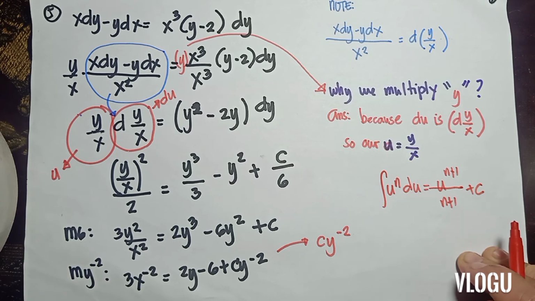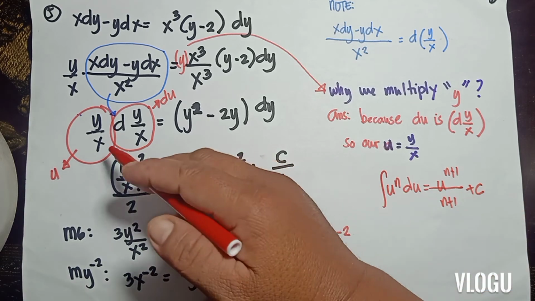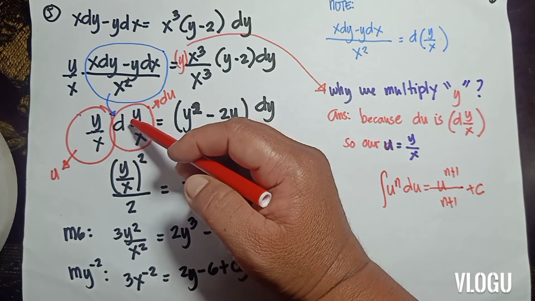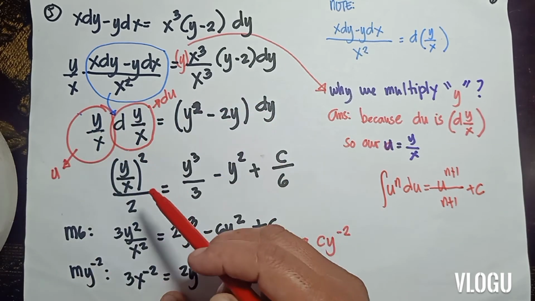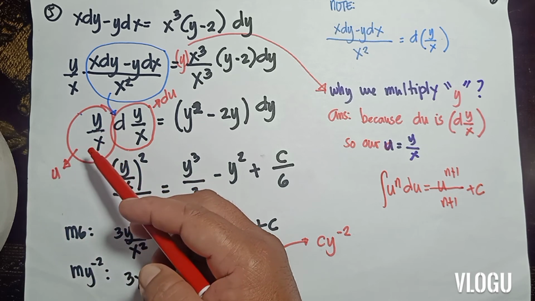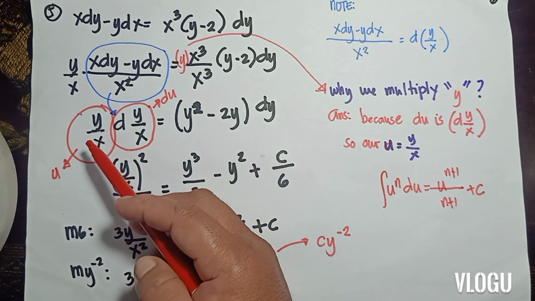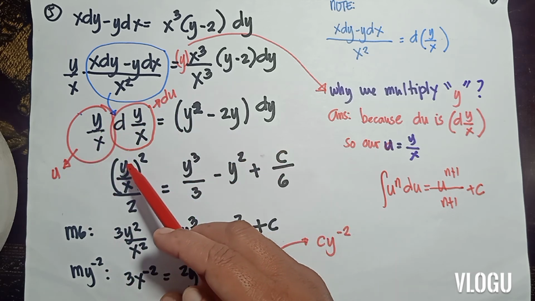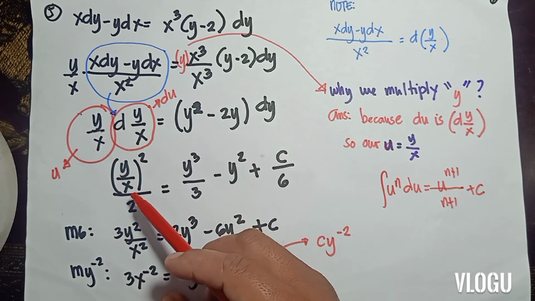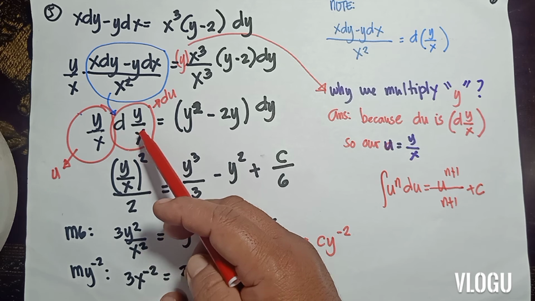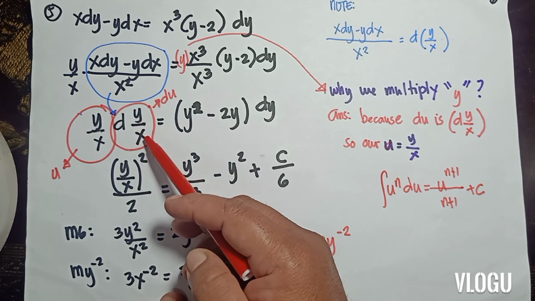Okay. So this form now, this is a complete form. U to the n du. So the integral of u to the n du. So if this is your u, y over x, what is your n? So your n is 1. So that's the reason you will have y over x squared over 2. So, where is the dy over x now?